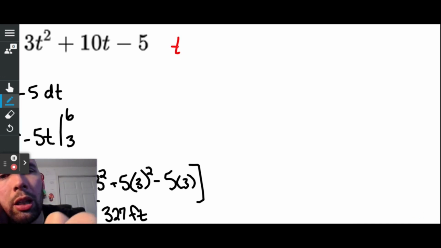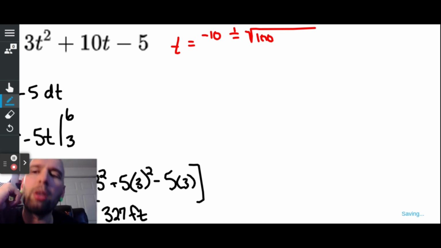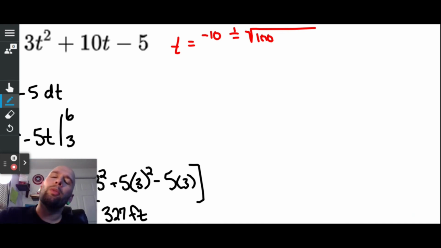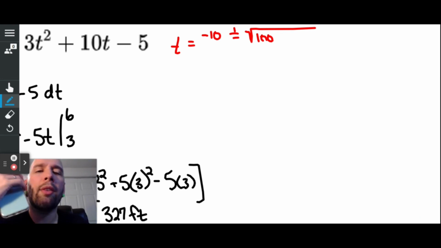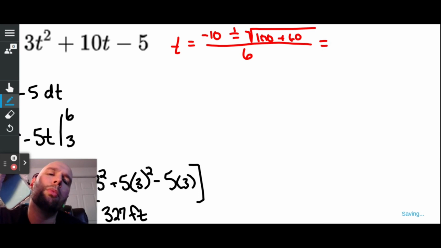So t equals negative b, which is negative 10, plus or minus the square root of b squared, which is 10 squared, minus 4 times a times c, so minus 4 times 3 times 5. It's 60. All over 2a, which is all over 6. Square root of 160.